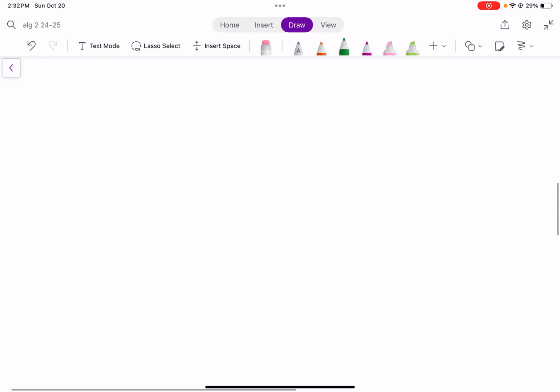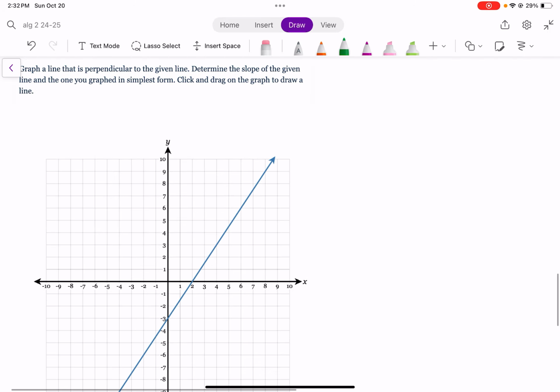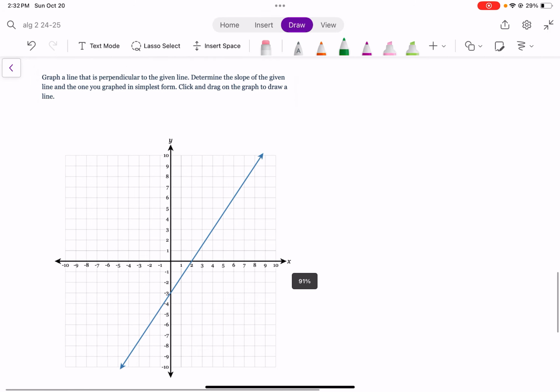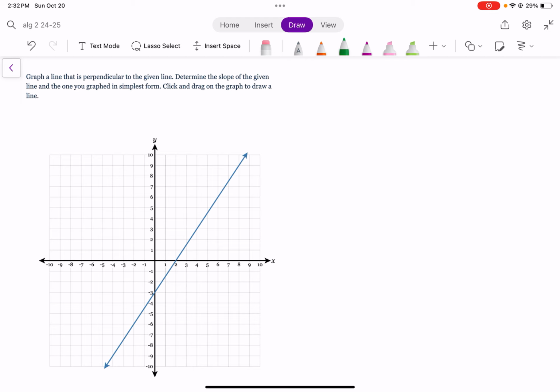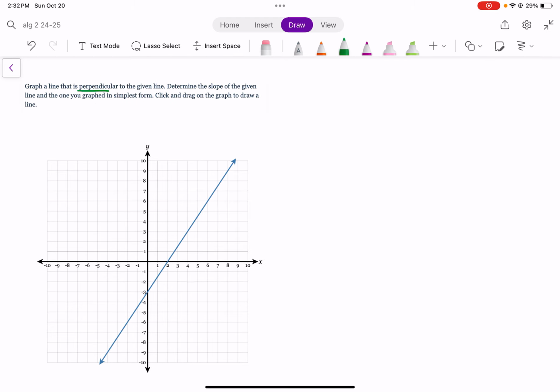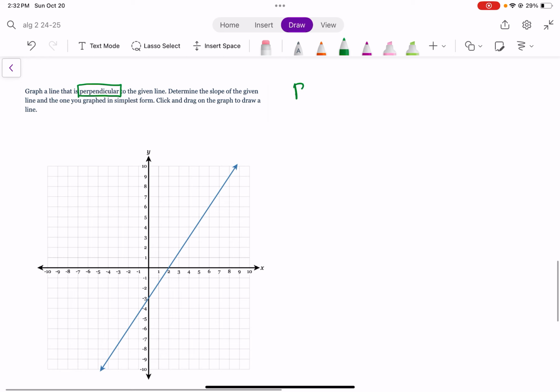Now let's say we're given a graph, okay? So we're given this graph and it's asking us to graph a line that is perpendicular, okay? So perpendicular, that means opposite reciprocals, okay?